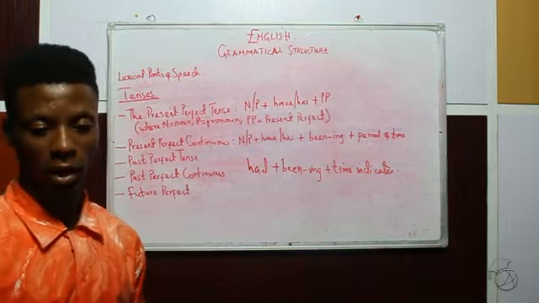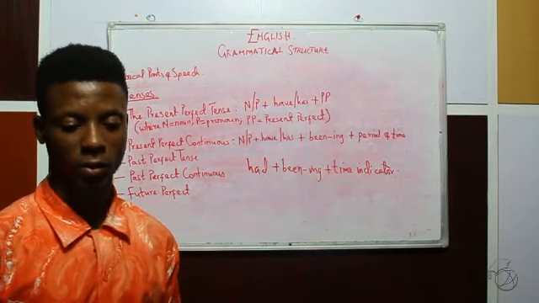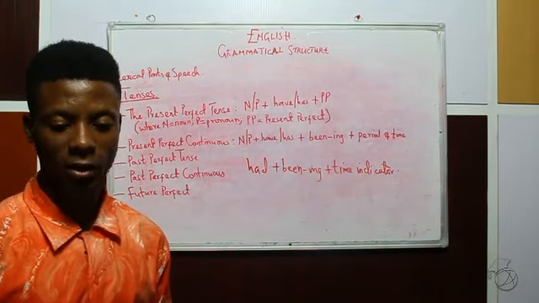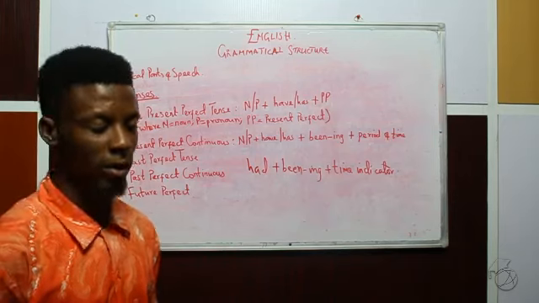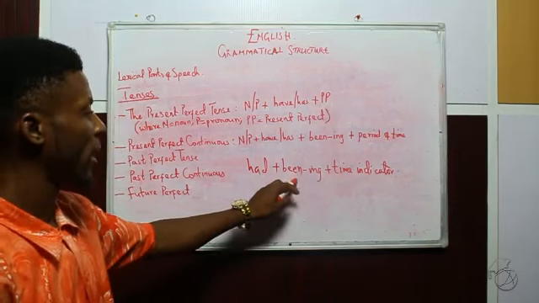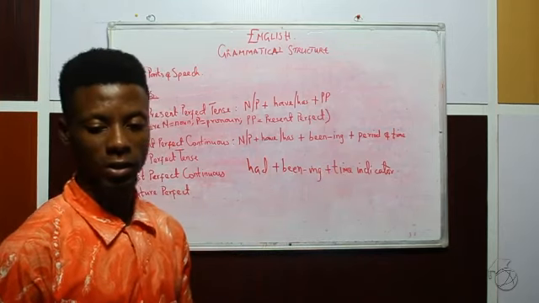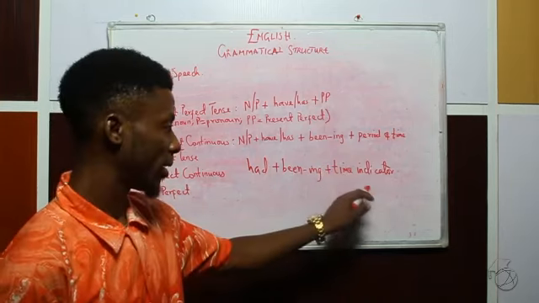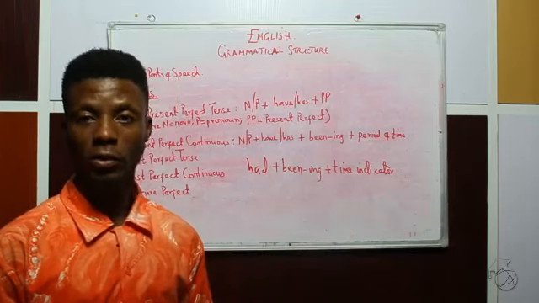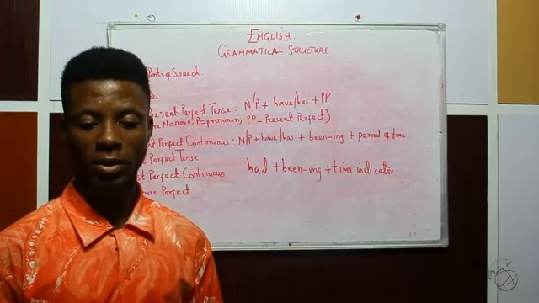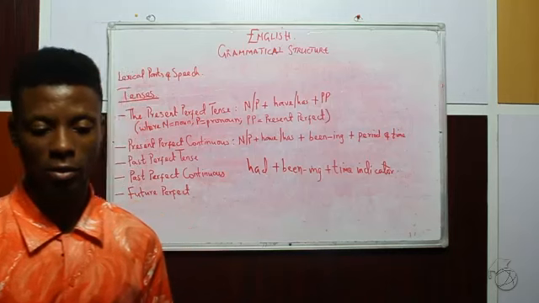Let us look again at the previous examples. We had been playing until it began to rain. Until it began to rain is the time indicator in the sentence.